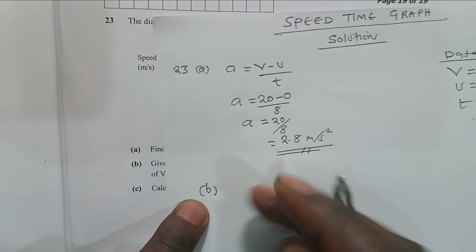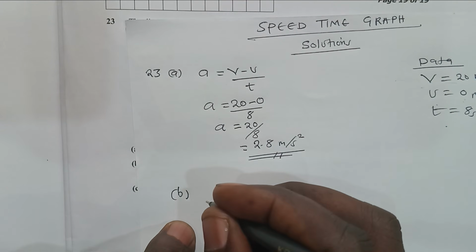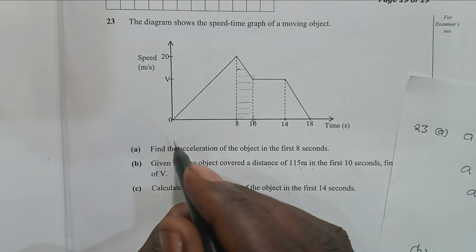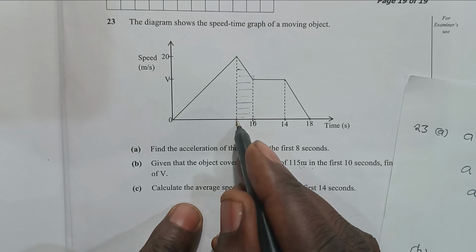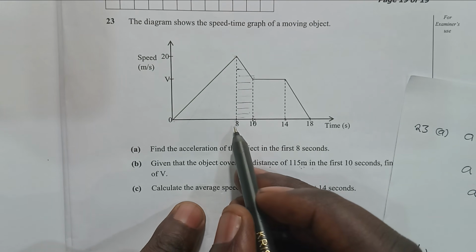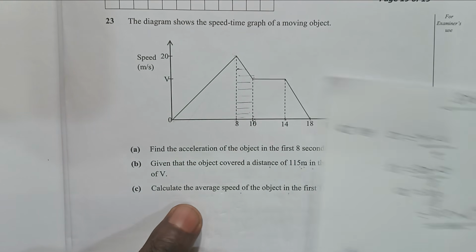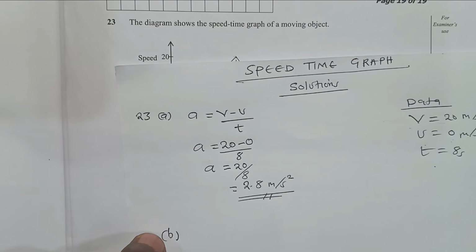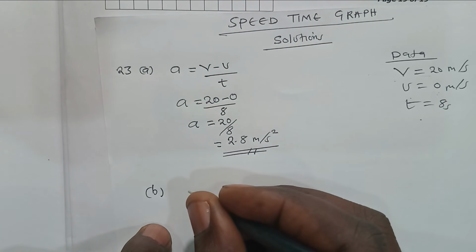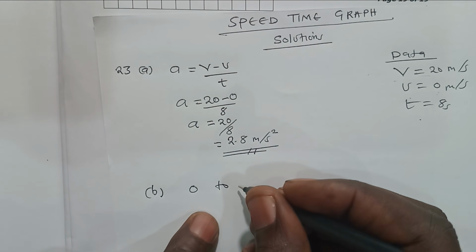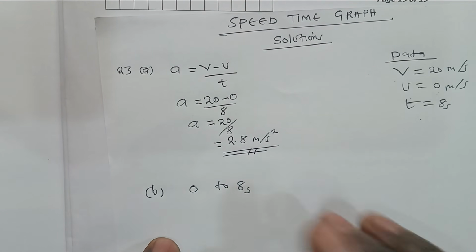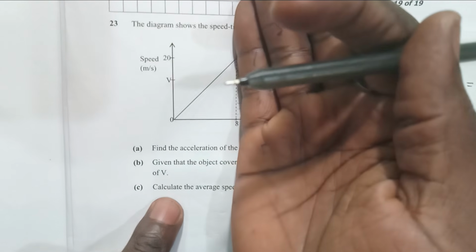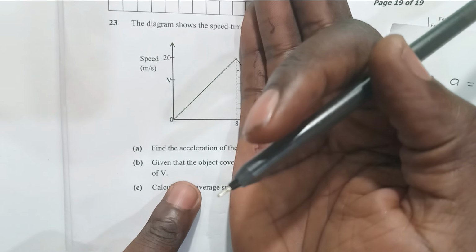First of all, we calculate the distance from 0 to 8 seconds, and then we shall calculate the distance from 8 to 10 seconds. From 0 to 8 seconds, distance is represented by this triangle here.